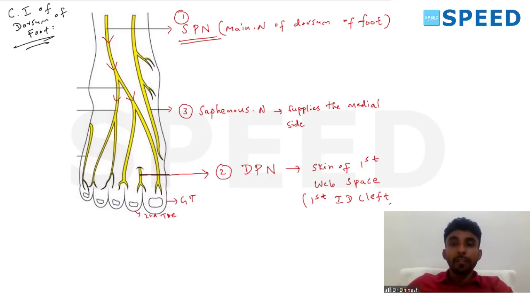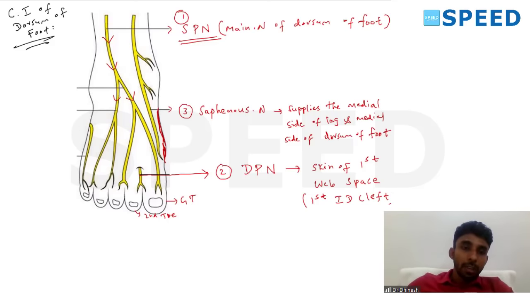The saphenous nerve supplies the medial side of leg as well as the medial side of the dorsum of foot, as you see in this particular area, the medial border of the dorsum of foot.